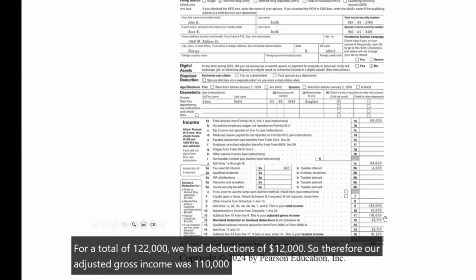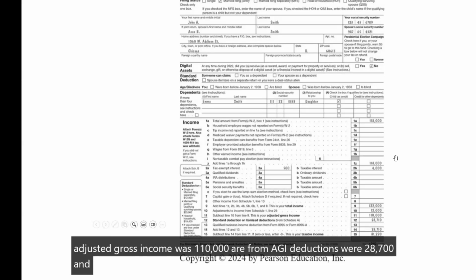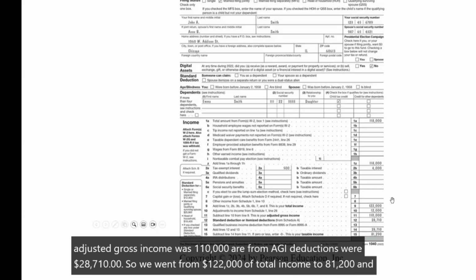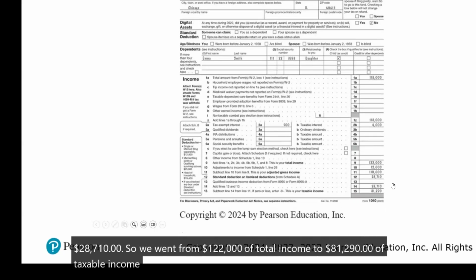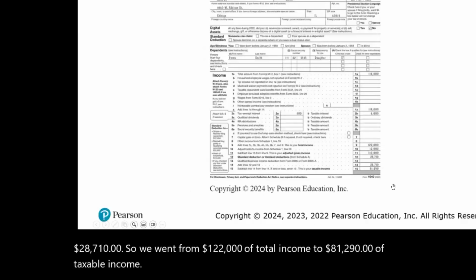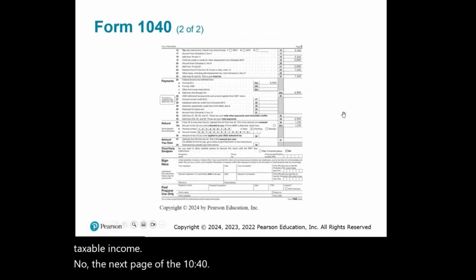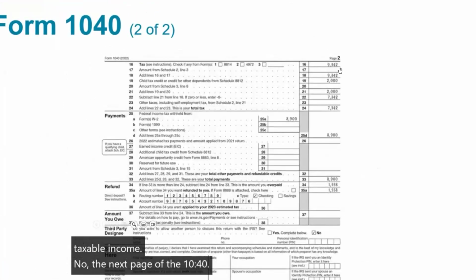Our from AGI deductions were $28,710. So we went from $122,000 of total income to $81,290 of taxable income. And then on the next page of the 1040, based on the taxable income, from there we calculate the tax.